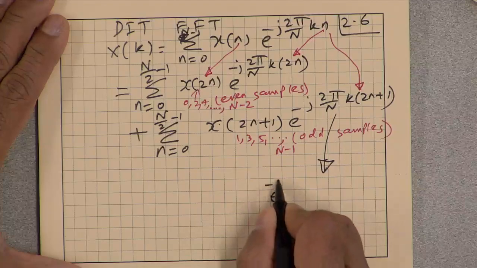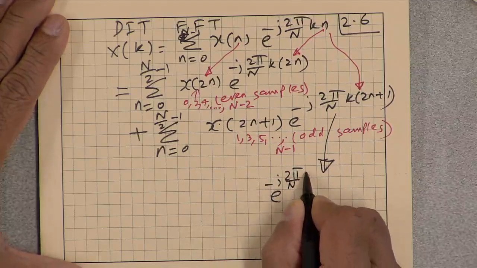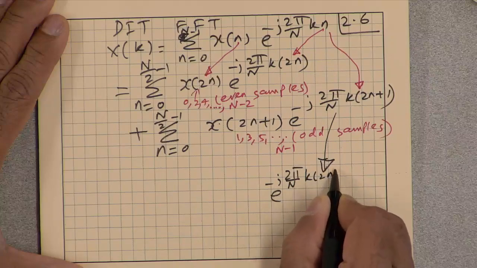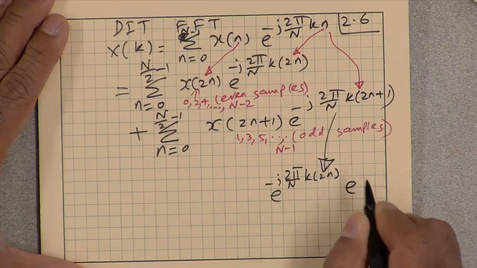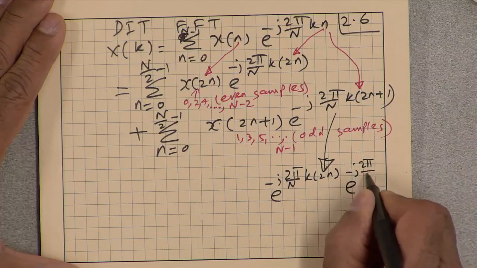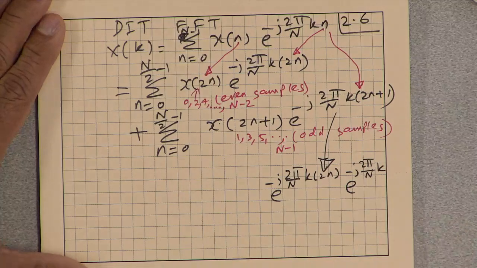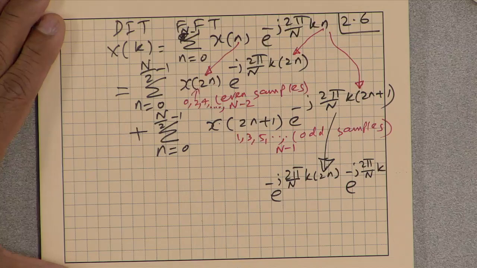e to the power minus j 2 pi by n k times 2n multiplied by e to the power minus j twice pi over n k. Okay, so something to the power a plus b is something to the power a times something to the power b.